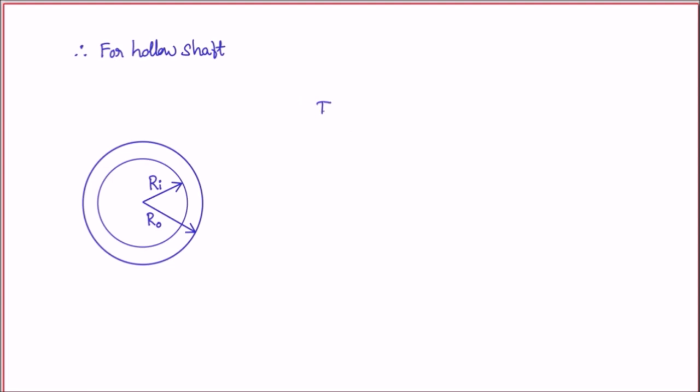So then what happens? This equation would have been T by J is equal to G theta by L is equal to tau by R naught. This would have been the torsion equation, with J is equal to pi d naught power 4 minus di power 4 divided by 32.